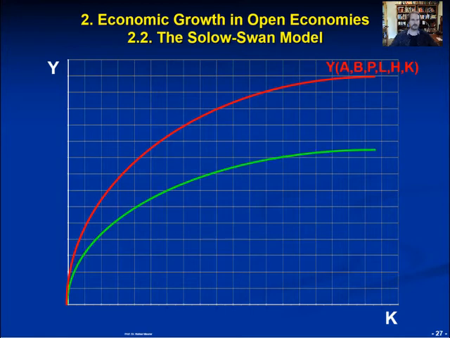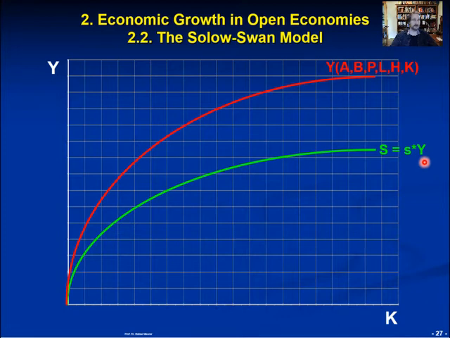Now this green line represents the savings function of the economy. The Solow-Swan model assumes that every country has a constant savings ratio in percent of GDP, such that macroeconomic savings equal the savings ratio, here represented by lowercase letter s, times GDP.